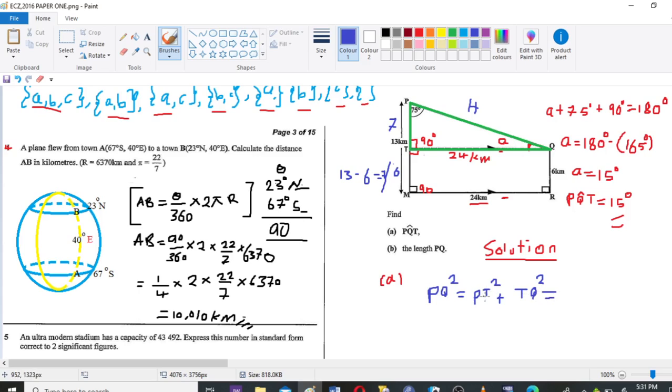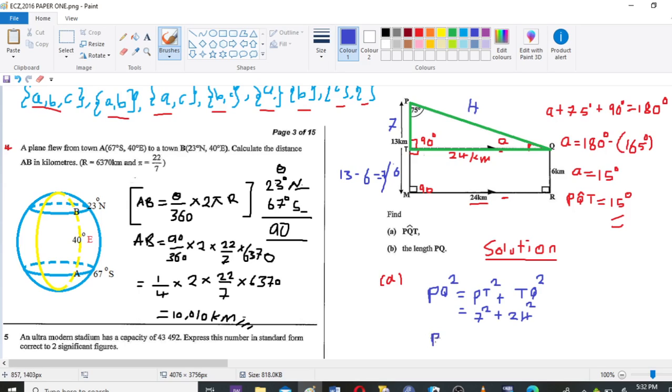Substituting what we have, our PT is 7, plus our TQ is 24, so this is 24 squared. Now what are you getting?